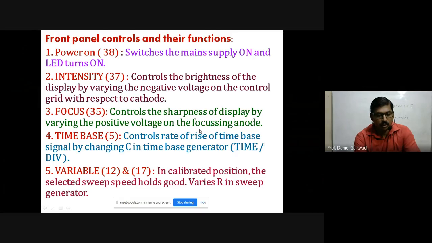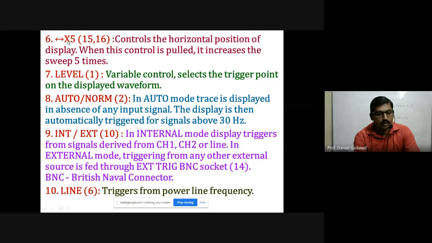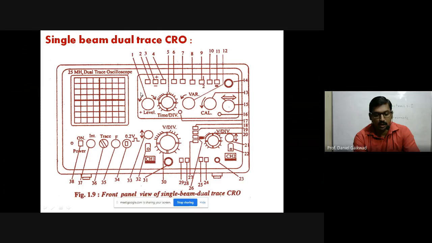Okay, next is the horizontal arrow. This arrow, number 6, is horizontal, X5. X means x axis, and that will be 5. Now check carefully number 15 and 16.